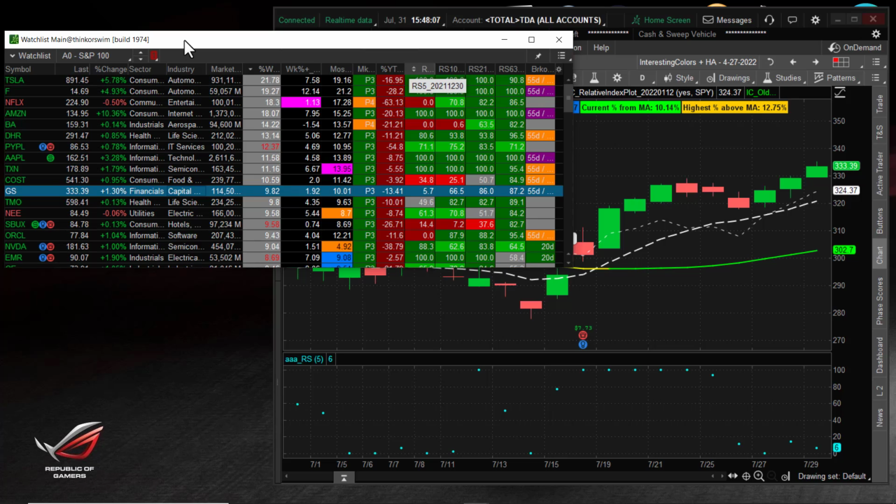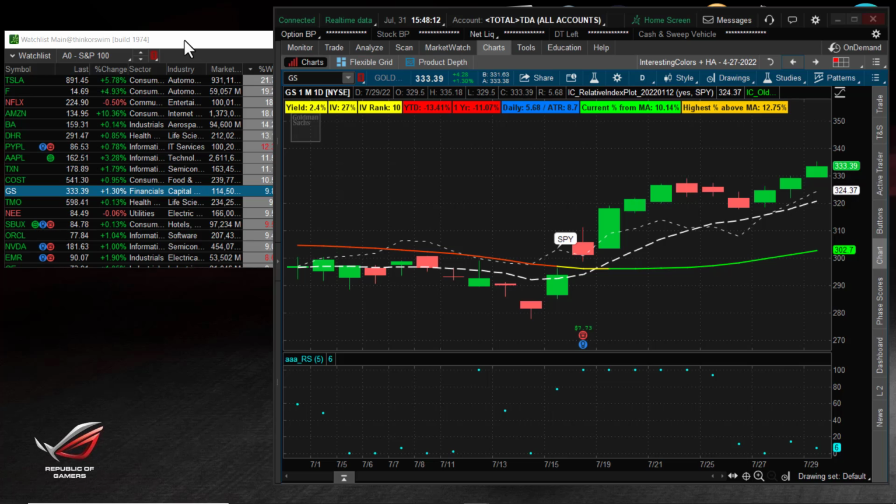And relative strength, what it means is that it takes the ratio of the closing price of the stock, and it divides that closing price by some reference index. In this case, I'm using SPX. And then it does it over some time period.